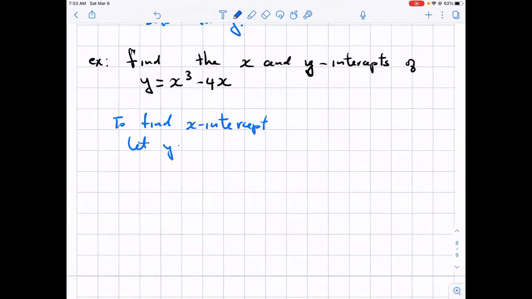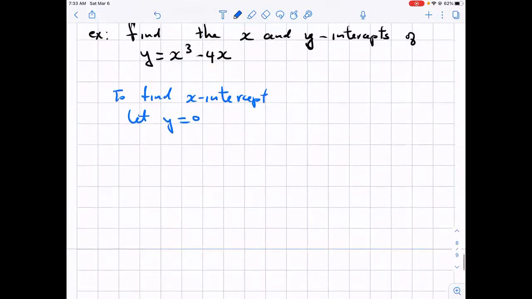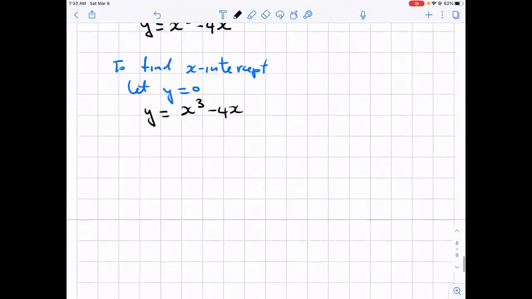To find x-intercept, let y equals 0. So the given equation is y is equal to x cubed minus 4x. So we have x cubed minus 4x equals 0, right? We'll replace y with 0.